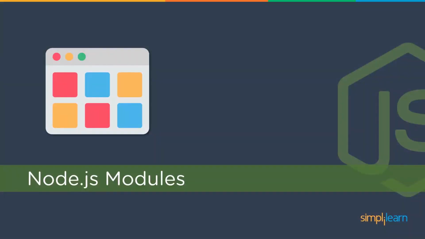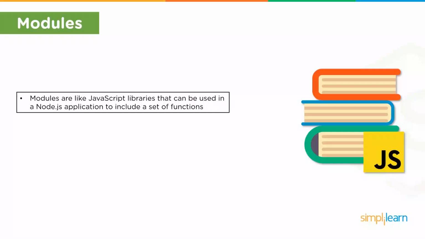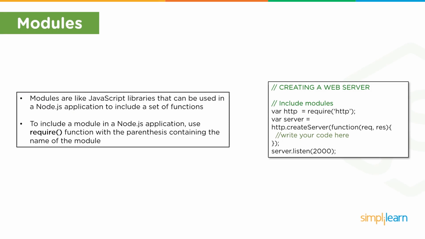So let's deep dive into modules because they're a key component of working with Node.js. Modules are kind of like JavaScript libraries, so extensions to Node.js. To have a module inside of your application, you have to use the require function, and then you can specify, for instance, if it's a default module such as HTTP, then you can just put in HTTP.